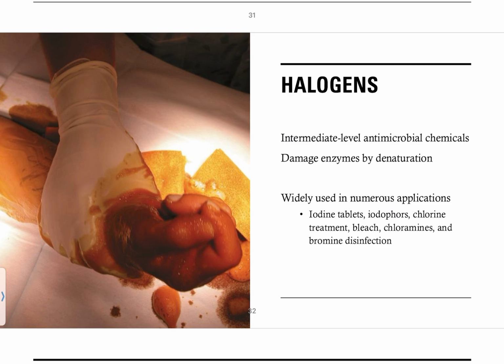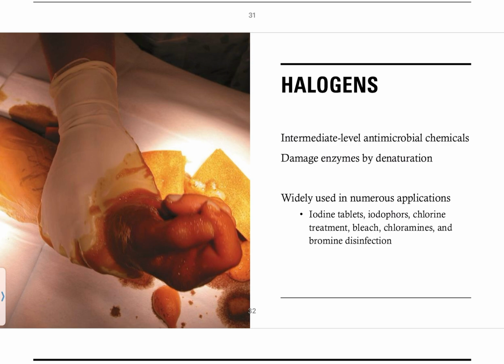You don't need to know the specifics about how all of these act, just collectively, but one of the most important ones is iodine because it's used for skin prep. Chlorine's really important when we're talking about its form in bleach or its form in chlorine dioxide, because chlorine's used a lot for wastewater disinfection or just regular water disinfection.